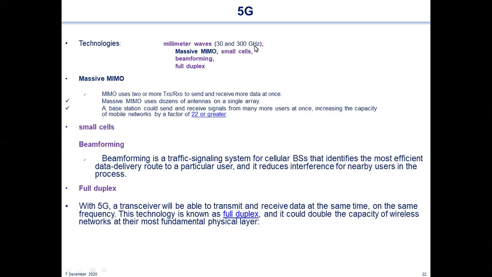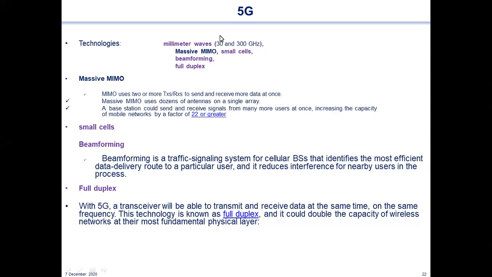Below 6 gigahertz in case of 4G and earlier generations of cellular communications. They are all called millimeter waves, because they vary in wavelength from 1 millimeter to 10 millimeters.